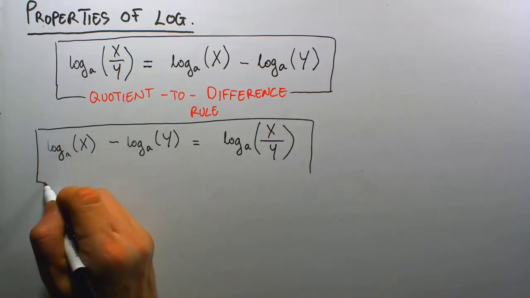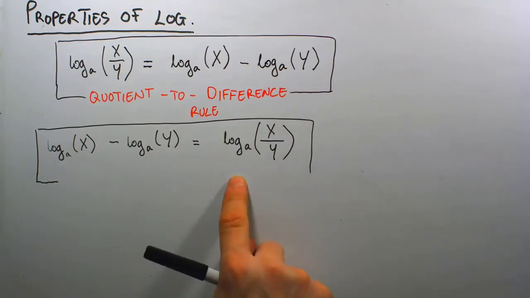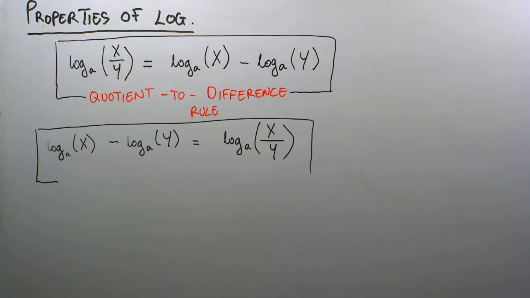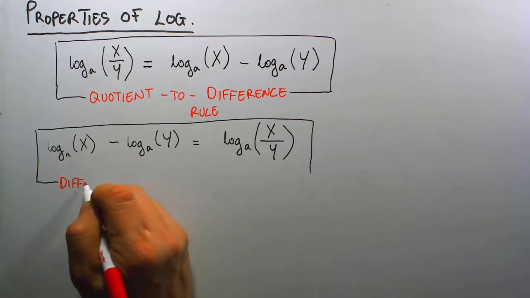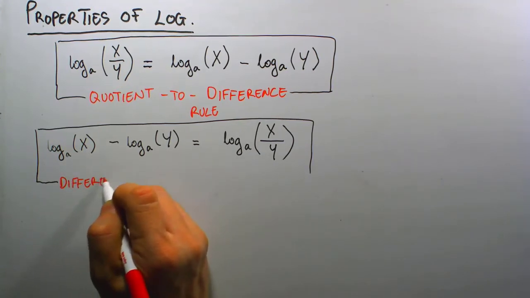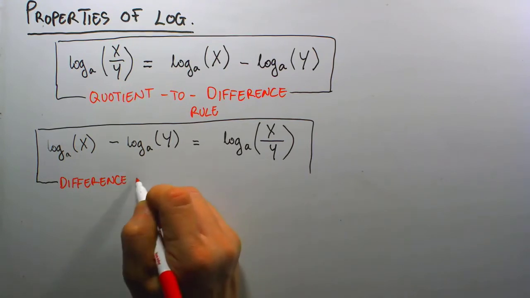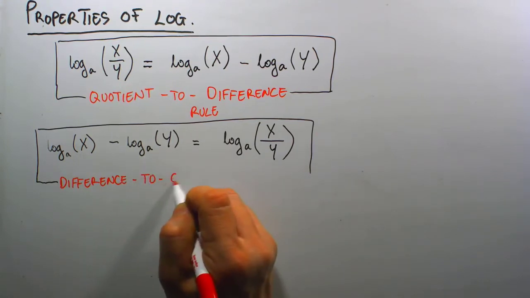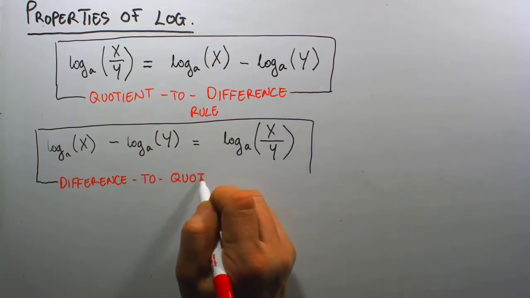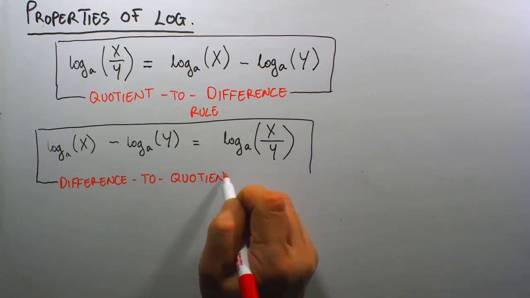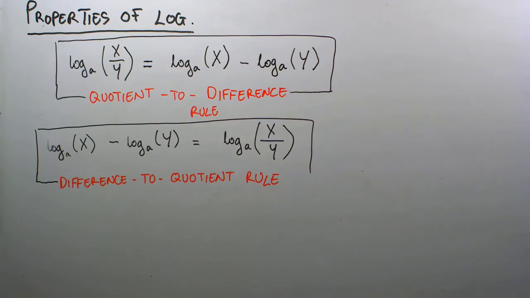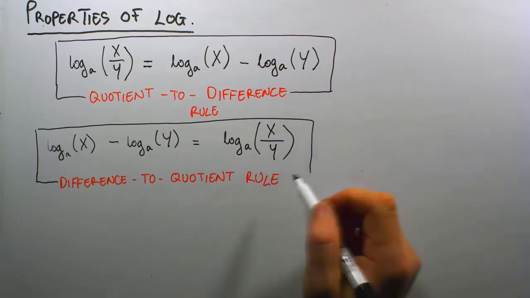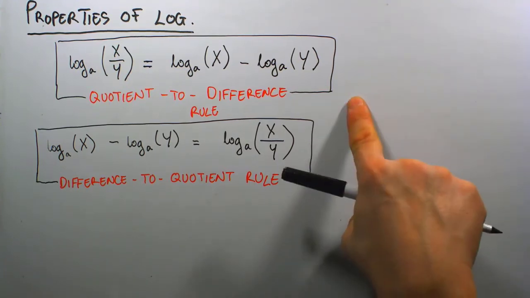And so this other rule I just now introduced is also referred to as the difference to quotient rule. It's just the opposite way of thinking about this same property versus the earlier form that was introduced.